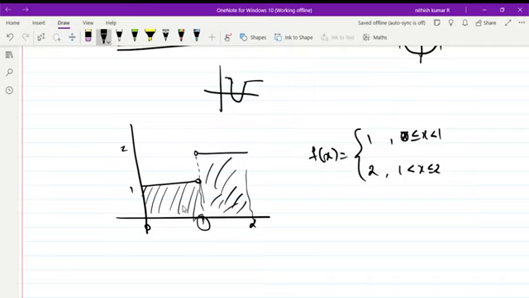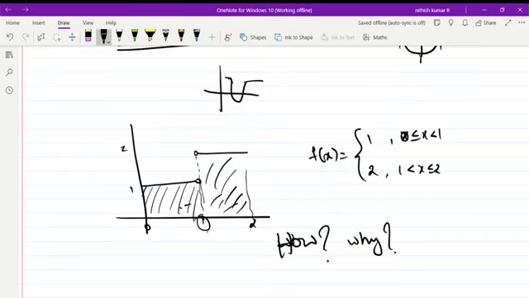Because the function value at 1 is not defined. So will it affect the area? It's the question. How and why is this the area? Why will this not affect the area?